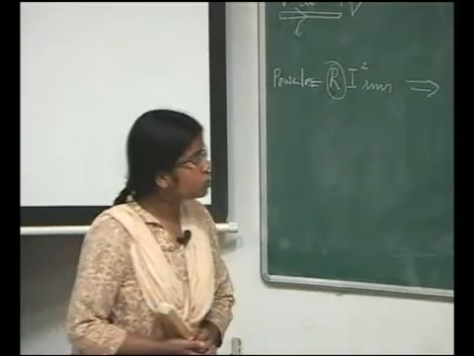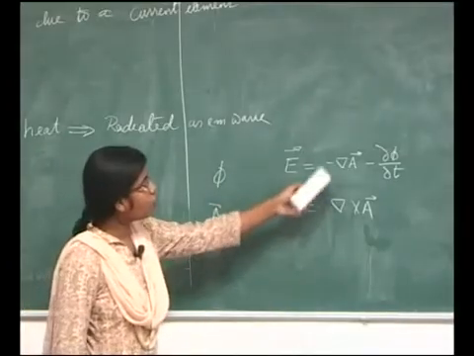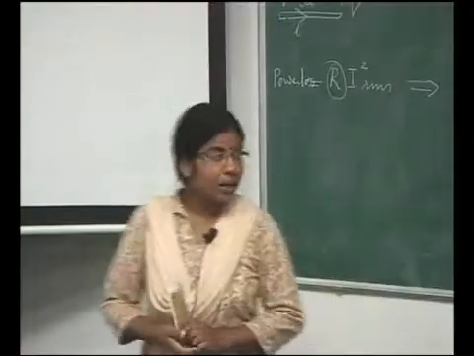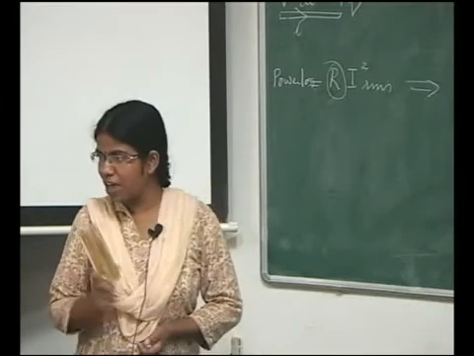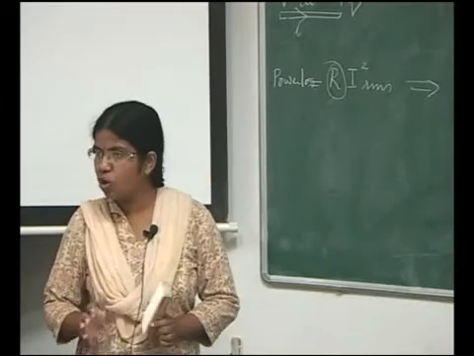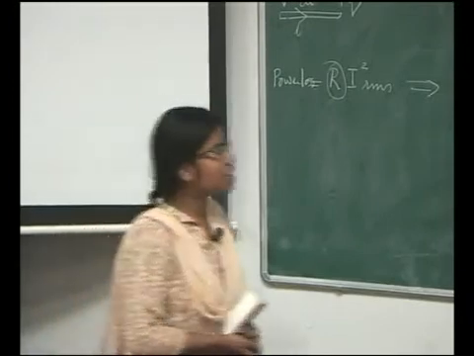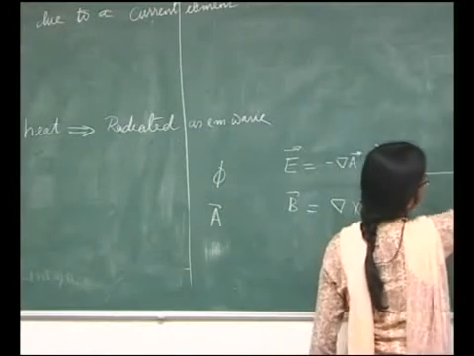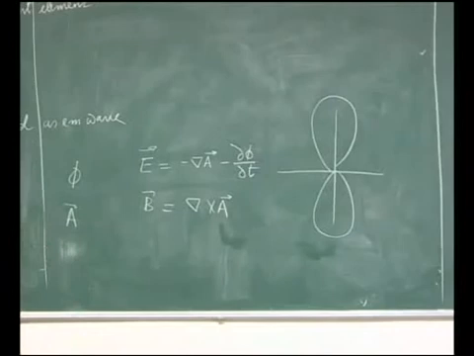So, using those values which we had calculated for A and phi, now we will try to find out the radial component of the electric field and magnetic field. See, the phi component was 0, there was no radiation along the phi direction. So, we had seen that the radiation was along the theta direction.